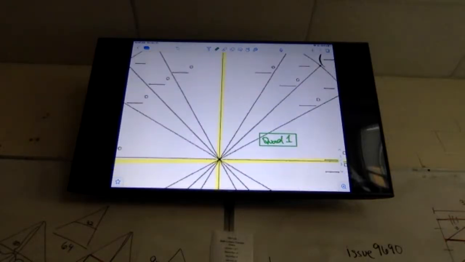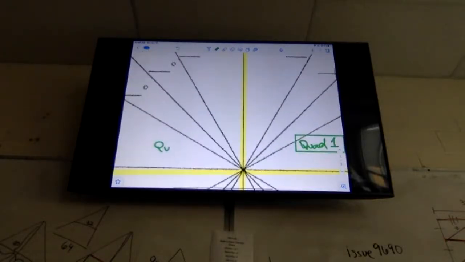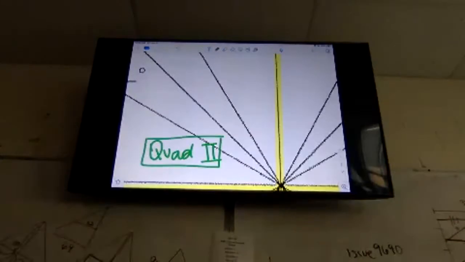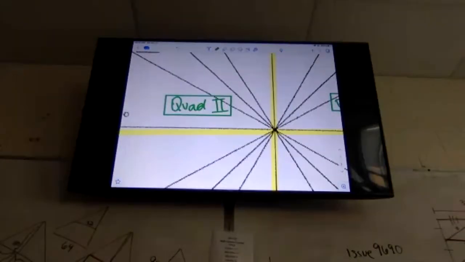Quadrant 1, we'll make this one quadrant 2. Let me try a little harder to write nicer. Quadrant 3 is bottom left.